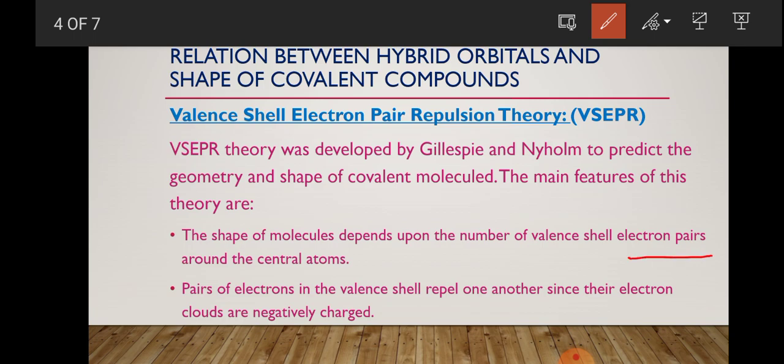And pairs of electrons in the valence shell repel one another since their electron clouds are negatively charged.